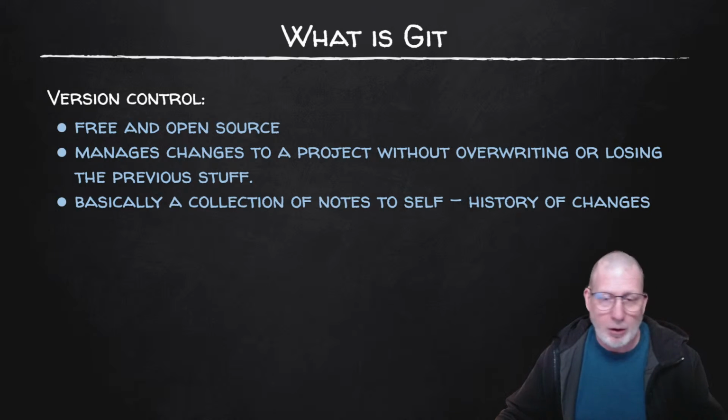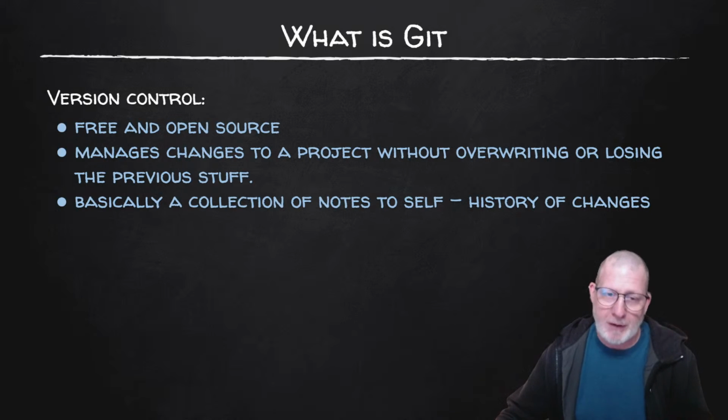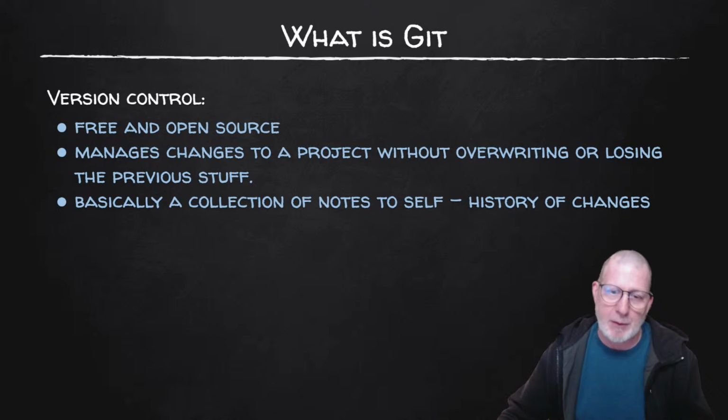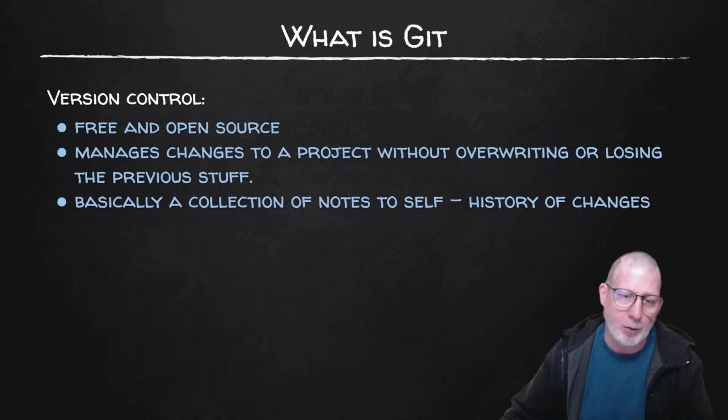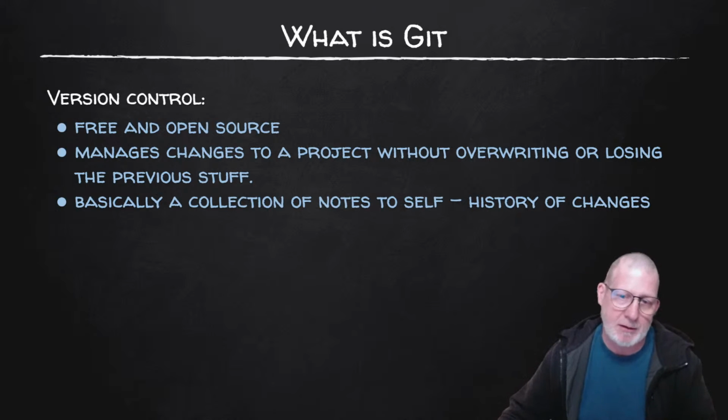So the earlier you get used to using these tools, the more safe you will feel with your software, and the easier it will be when something goes wrong to go through that history in Source Tree as I showed you and go, okay, something went wrong, someone added something or removed something they shouldn't have, what happened? And you can look at the histories there and start to do some detective work and figure out, how do I get back to that good working state?